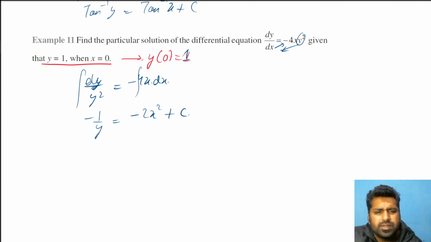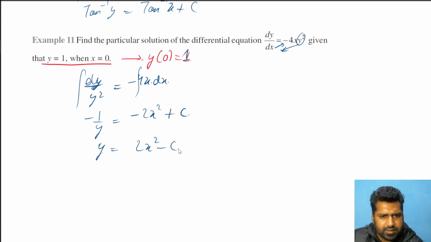Now you can slightly make this better if you want. Usually the options are given like this: y is equal to something, because y is your function. So if you want to make this as y, first take the negative on the other side. Sorry, this is 1 by y.